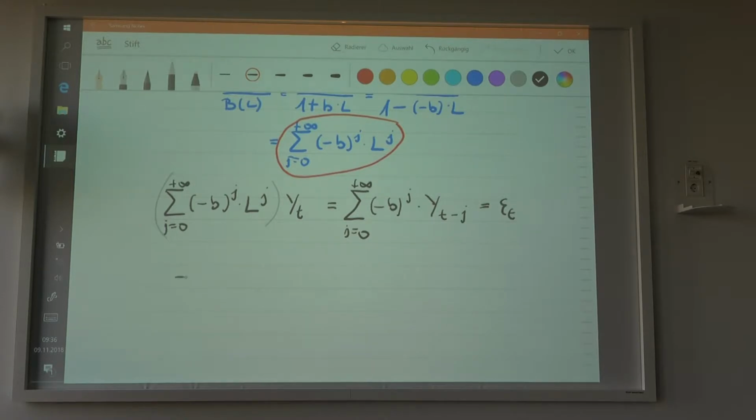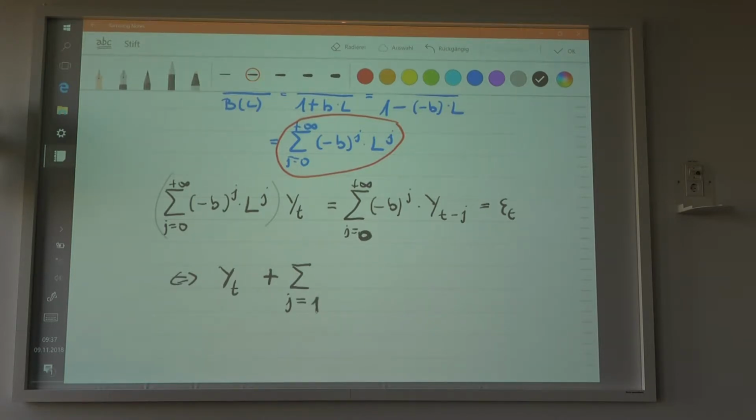This is equivalent to the following expression: here you have yt times negative b to the power of 0, which is equal to 1, plus the sum, and now you start at 1 this time, not 0.